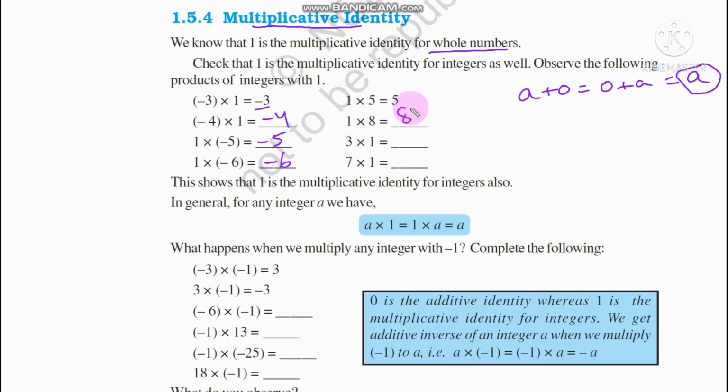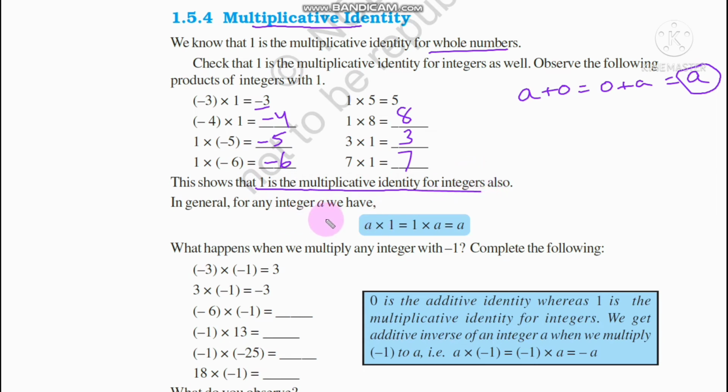1 into 8 is 8. 3 into 1 is 3. 7 into 1 is 7. So here, whenever we are multiplying an integer with a 1, we are getting the integer itself as the answer. So this shows that 1 is called the multiplicative identity for integers.